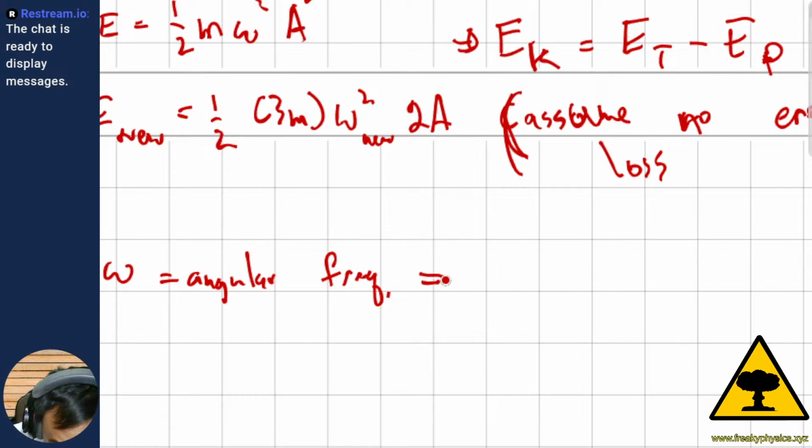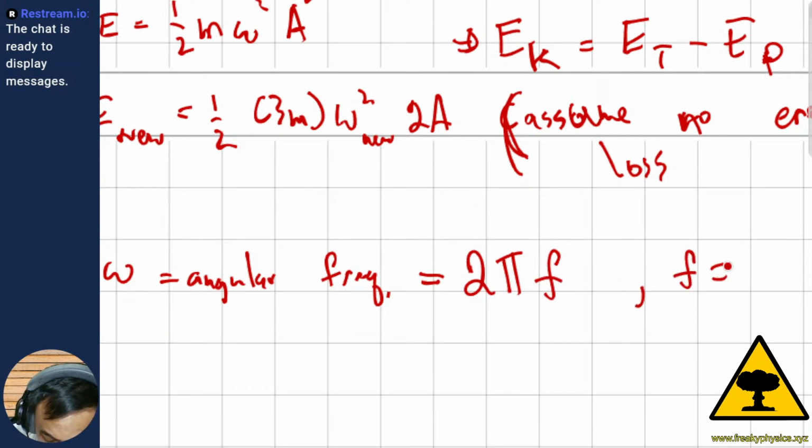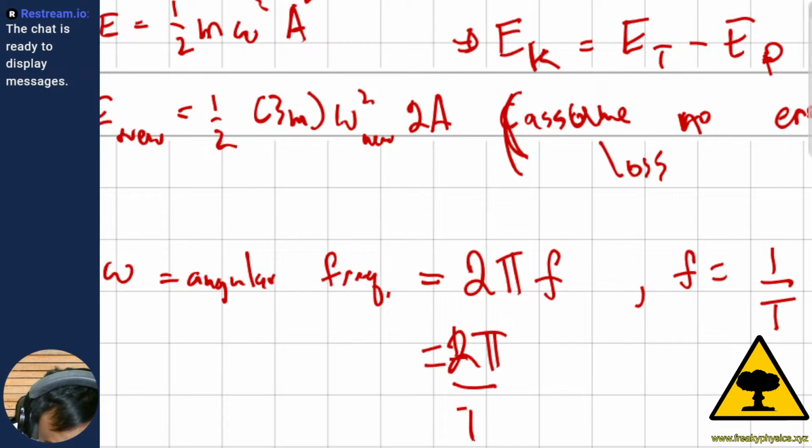However, we can use that the angular frequency is 2 pi f, and also the fact that f is equal to 1 over the period. So this is the same as saying 2 pi over the period, right?